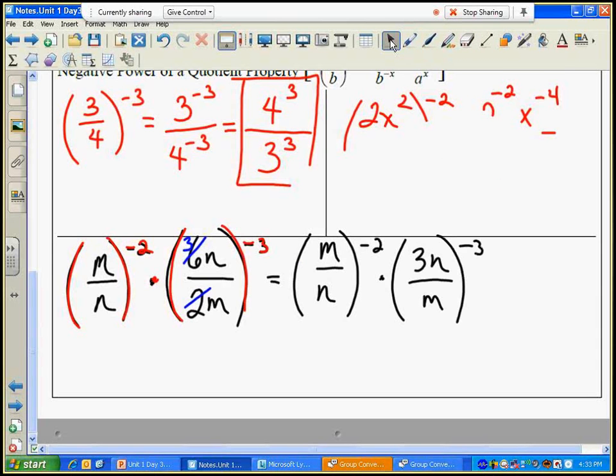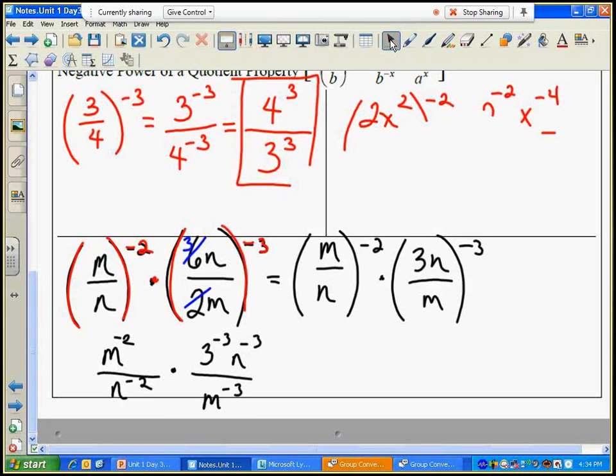Then I can begin to work the exponents. So in the first parentheses, the m goes to the negative 2 power. So does the n. And the second parentheses, the 3 goes to negative 3, the n, and the m.